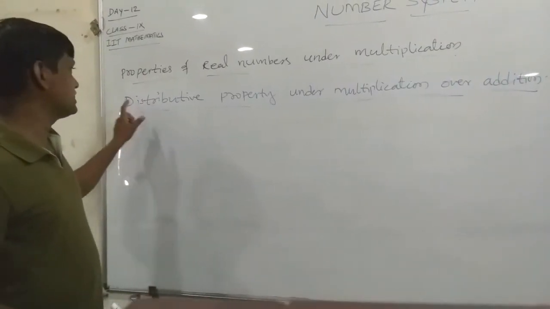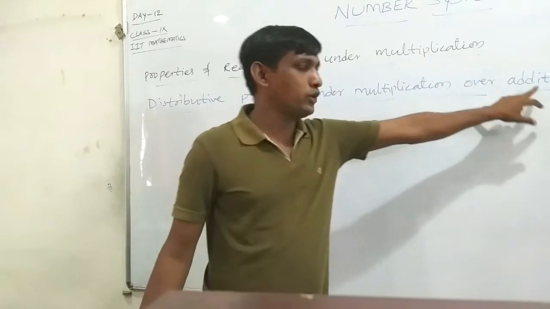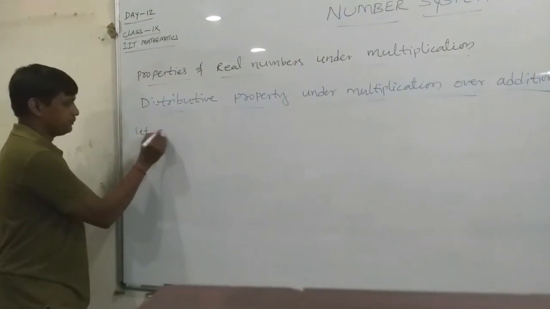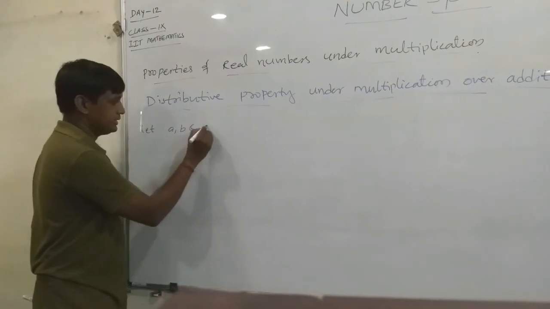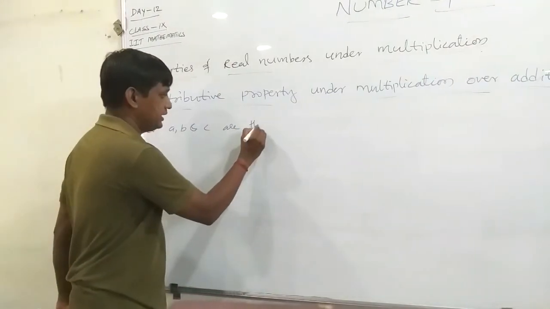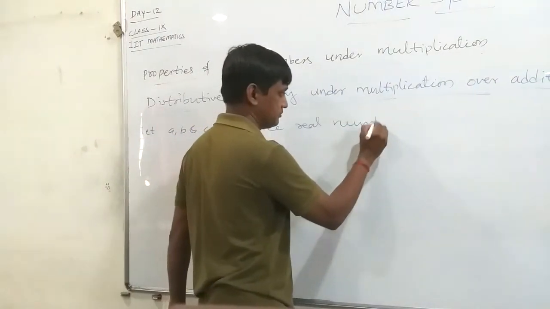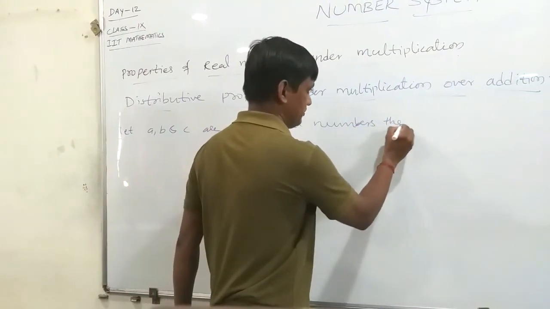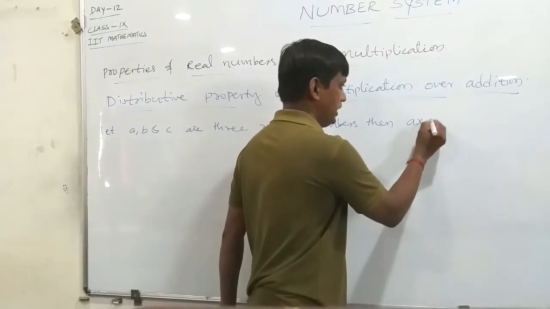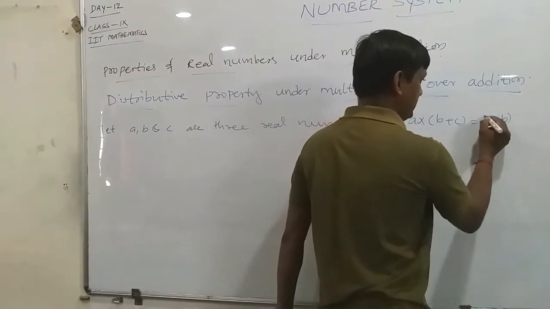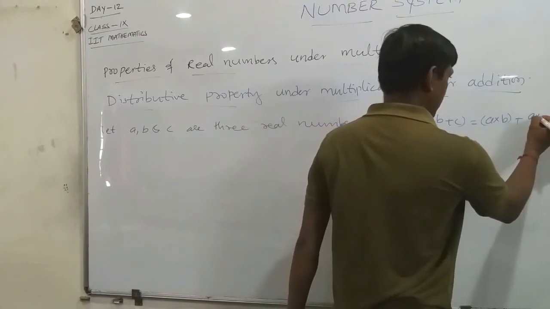Children, the next property is the distributive property of multiplication over addition. So here, let a, b and c be 3 real numbers. Then a into b plus c is equal to a into b plus a into c.